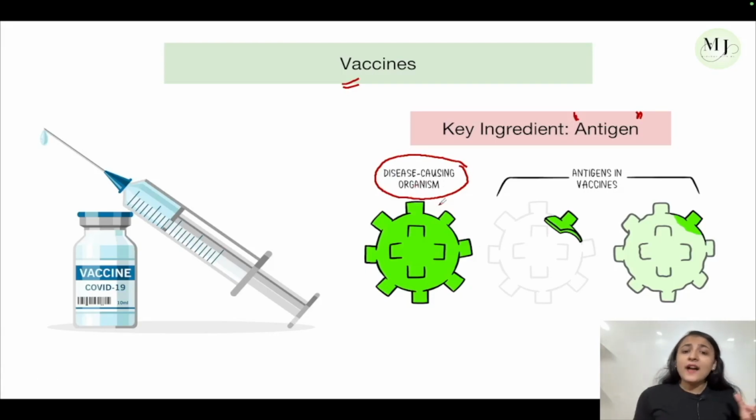So basically in vaccines, a weakened form of the disease-causing organism or the antigen is introduced into a healthy body so that the immune system is prepared when it encounters an actual disease-causing organism. The vaccines are basically a sneak peek for your immune system, preparing it for the real battle. It is basically a dress rehearsal before the big show. Vaccines are preparing the immune system for the real enemy.